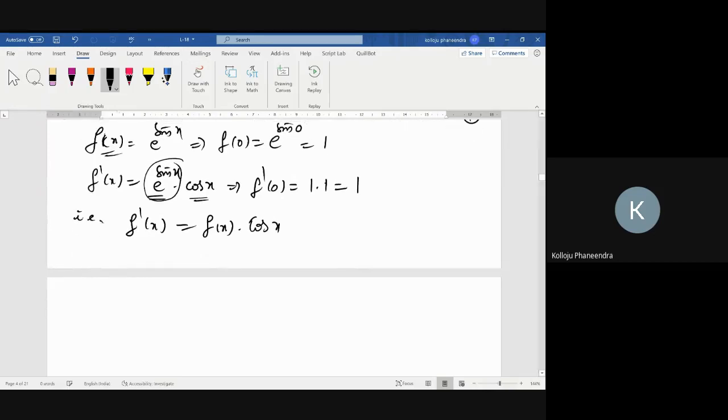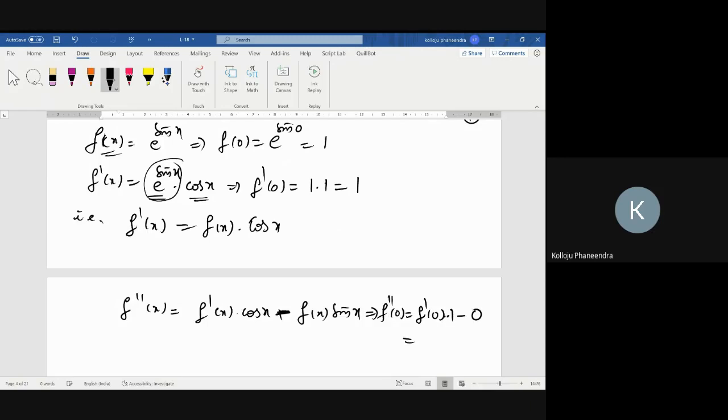This implies one more derivative: f double dash x equals, by the UV method, f dash x into cosine x plus f of x into the derivative of cosine x, which is negative sin x. So from this, f double dash 0 is nothing but f dash 0 into 1 minus f of 0 into sin 0, which is 0.